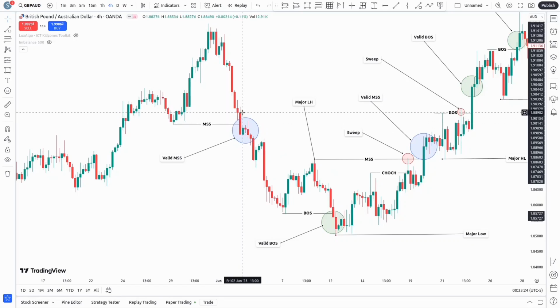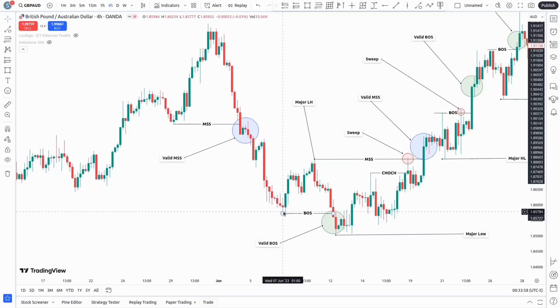That is the way I analyze these moves, because assuming we have this candle retracing back to close above here, I will not consider it as a valid break, or as a valid market structure shift. Here what we'll see is that this candle closes below and it continues going down.